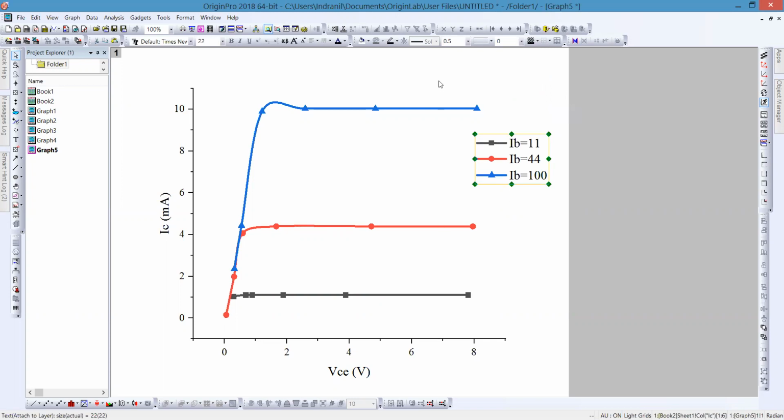As the base current is increasing, the nature is the same, but it is shifted upwards, meaning we have a higher saturation current. Initially the saturation current was around 1, now it is around 4, and for this case it is around 10. So as we increase the base current, the saturation current is increasing.